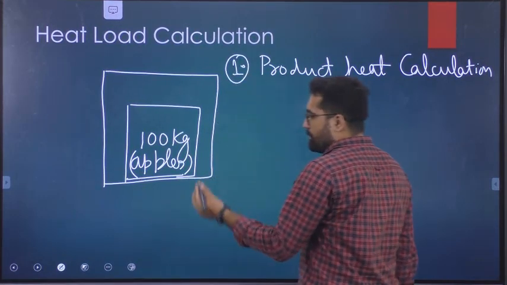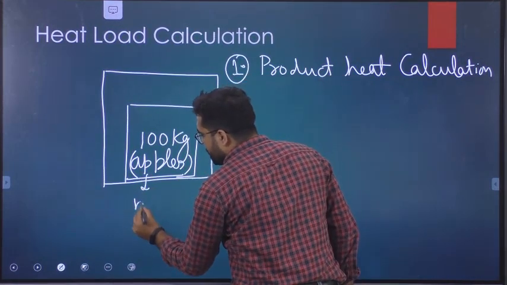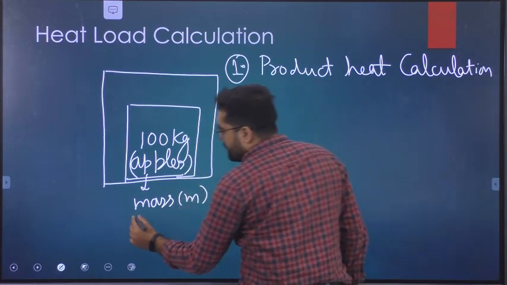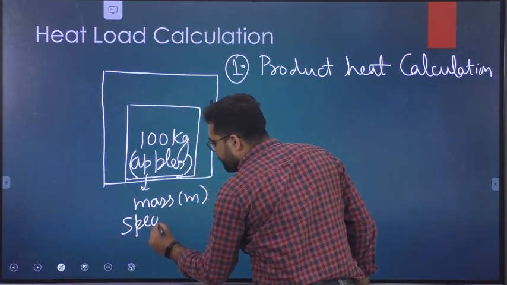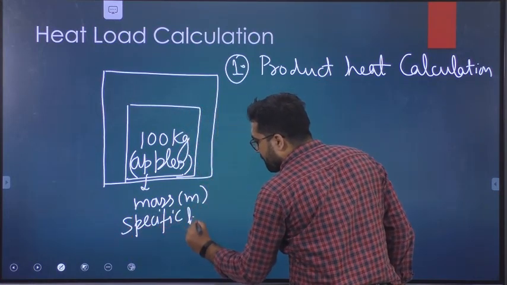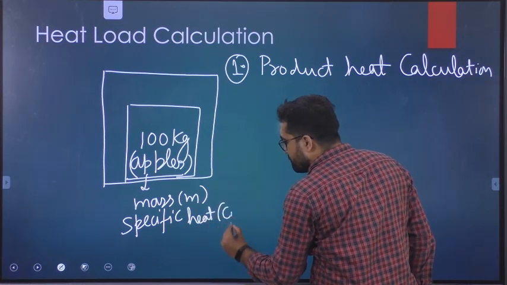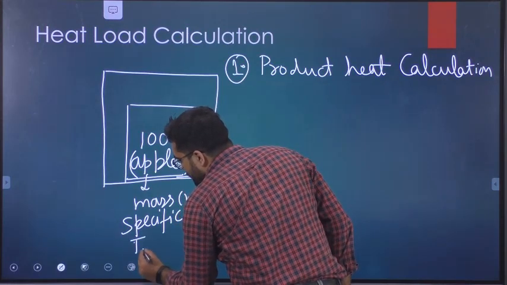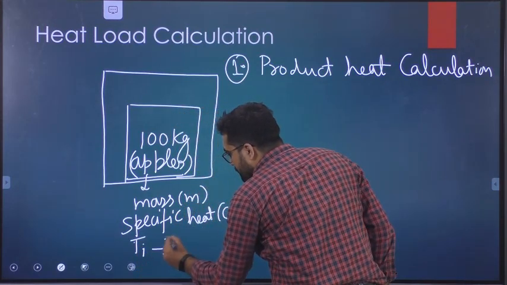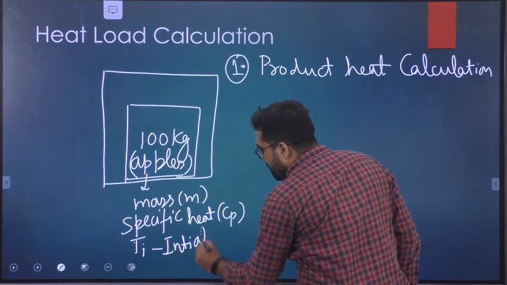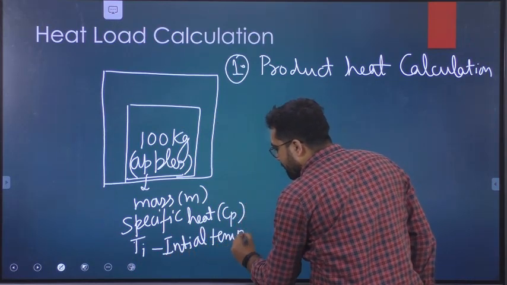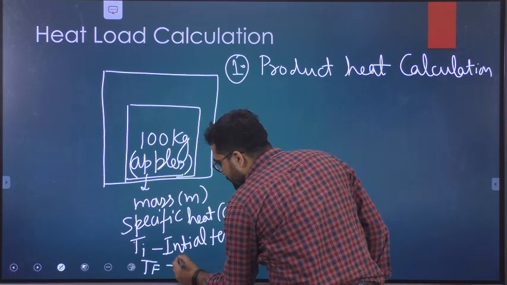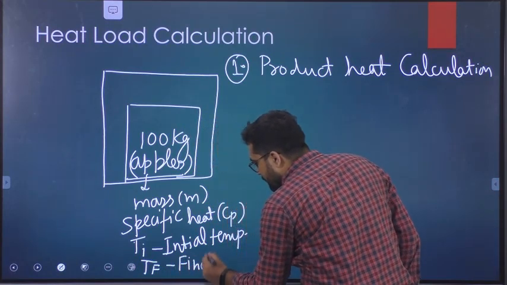We need some properties of product, like the mass, the specific heat capacity known as Cp, Ti, the initial temperature of product, and Tf, the final temperature of product.